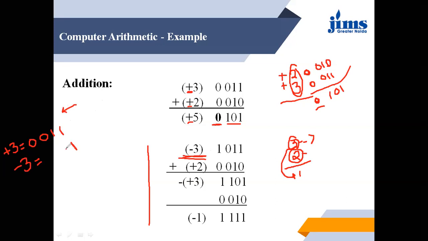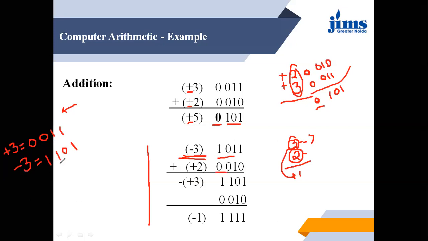So this 1 is going to change to 0, this 0 is going to change to 1, and this 0 is also going to change to 1. So this is the 2's complement of 3, and we have to add plus 2.